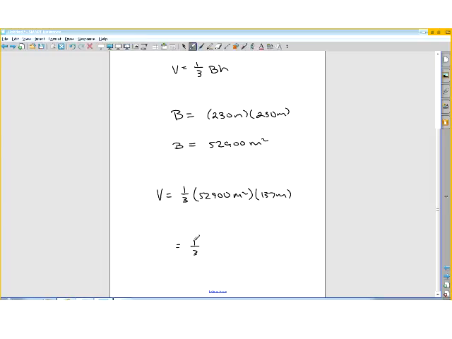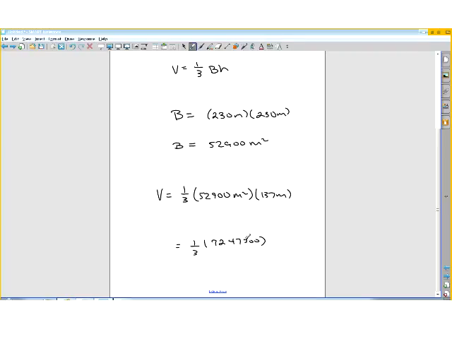Times 137. I forgot, I got to divide by 3. Okay, so this product was 7,247,300.